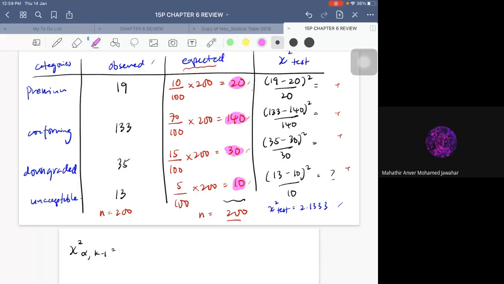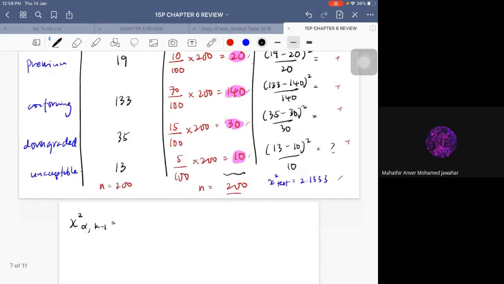For this case, I have no problem. I don't have to put together combined categories, because all my expected values are greater than 5. I started with 4 categories, and I also end up with 4 categories at the end, after I have calculated my expected values.